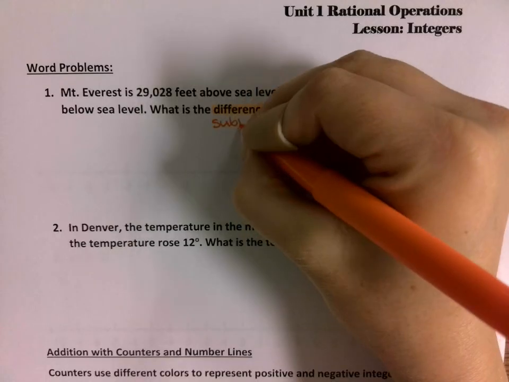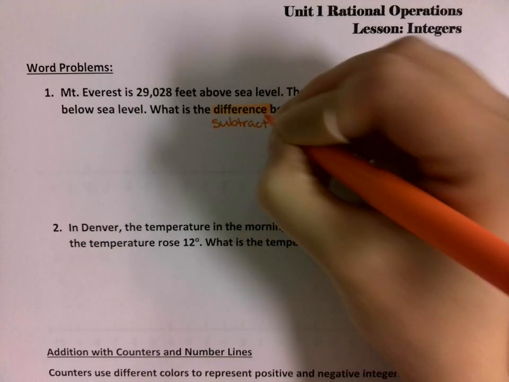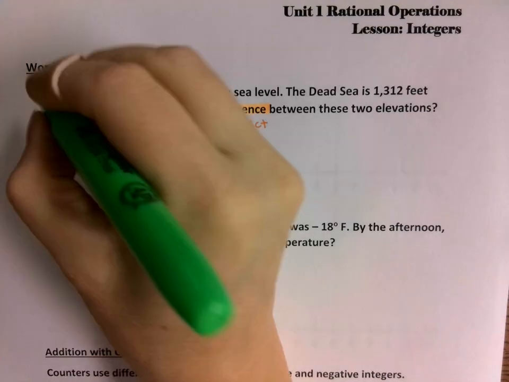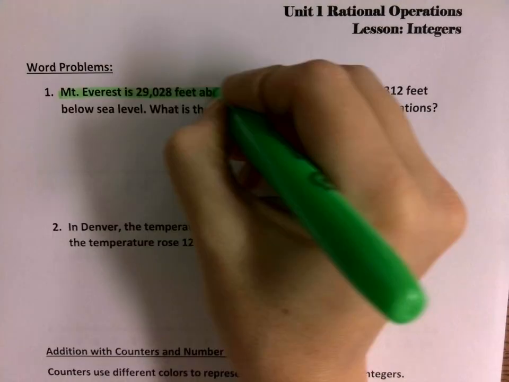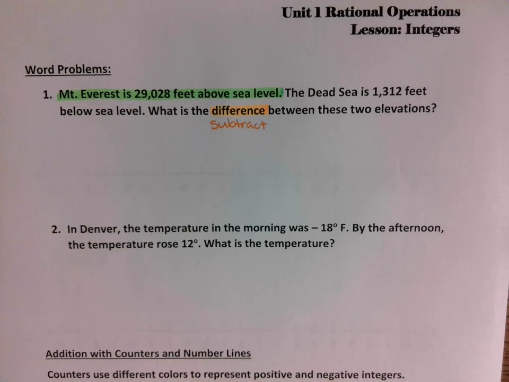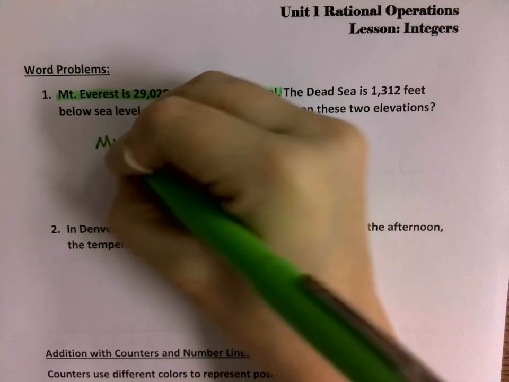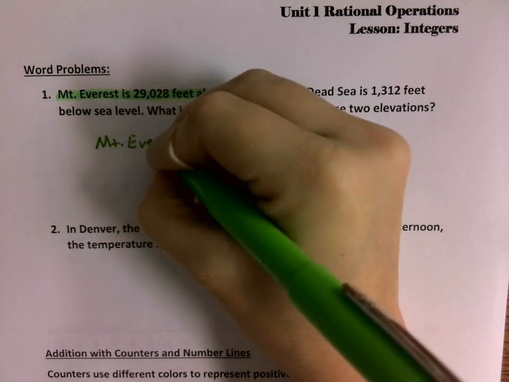So we're going to take the elevation for Mount Everest, and Mount Everest is above sea level. So what does that mean it is? Positive or negative? Positive. Mount Everest is a positive value that is above sea level, right? The keyword above.